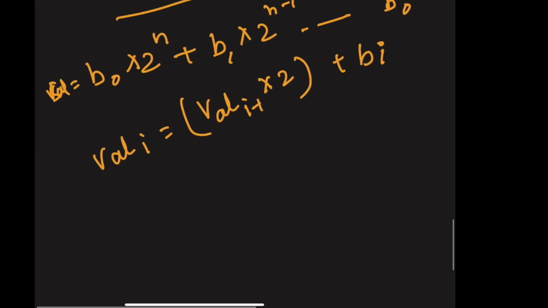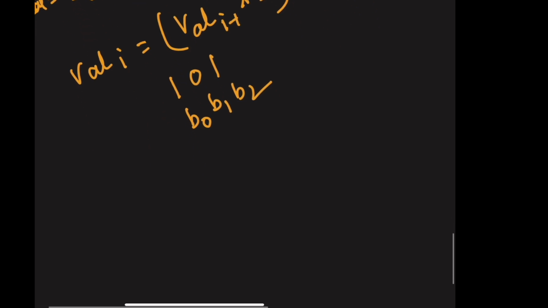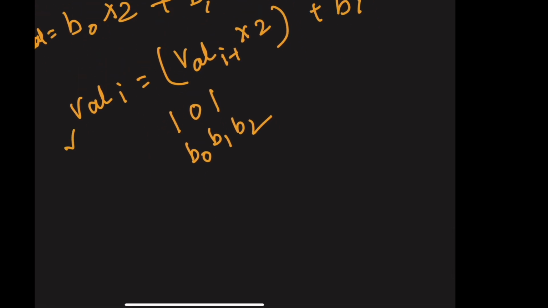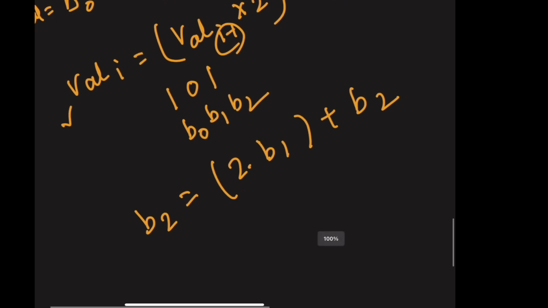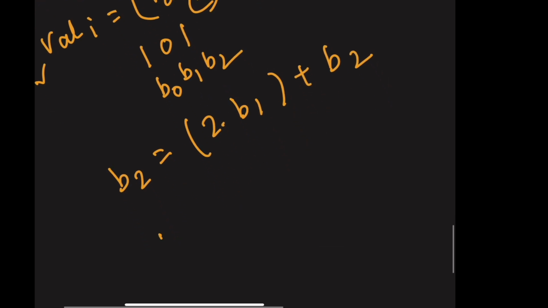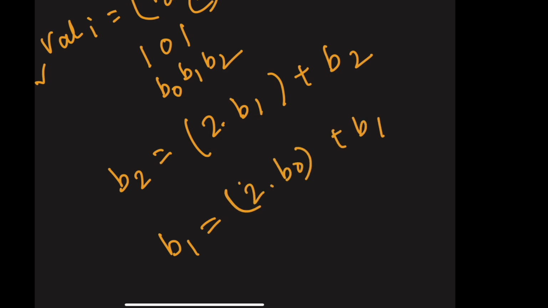Suppose our value is 101, so the bits are b0, b1 and b2. According to this formula, val of 2 is 2 into val of 1 plus b2, and val of 1 will be 2 into b0 plus b1.